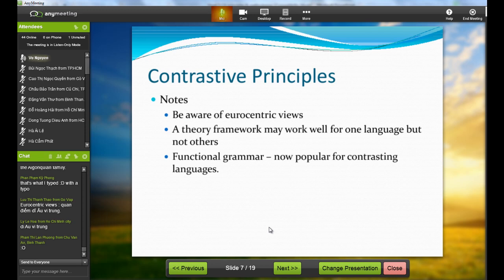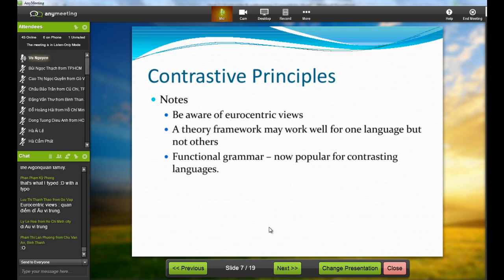We should also be aware that a theoretical framework can work well for one language but not for other languages. A particular tool or framework can work well for English, French, for European languages, but may not work well for isolating languages like Vietnamese, for example.